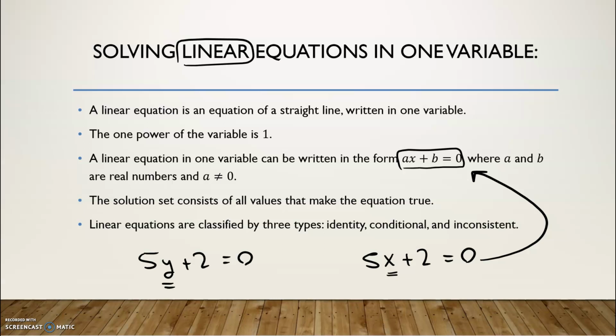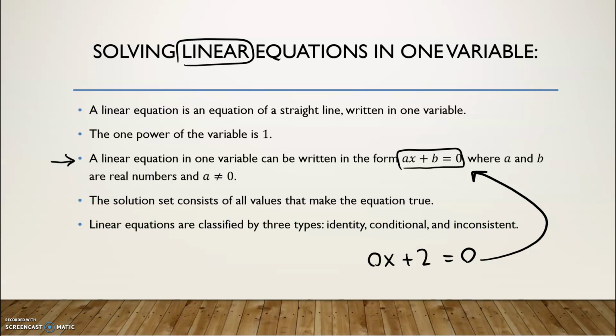Okay, now this line right here says a linear equation in one variable can be written in the form ax plus b equals 0, where a and b are real numbers, kind of like here the 5 and the 2. And it says that a cannot be 0. So say that a was 0.